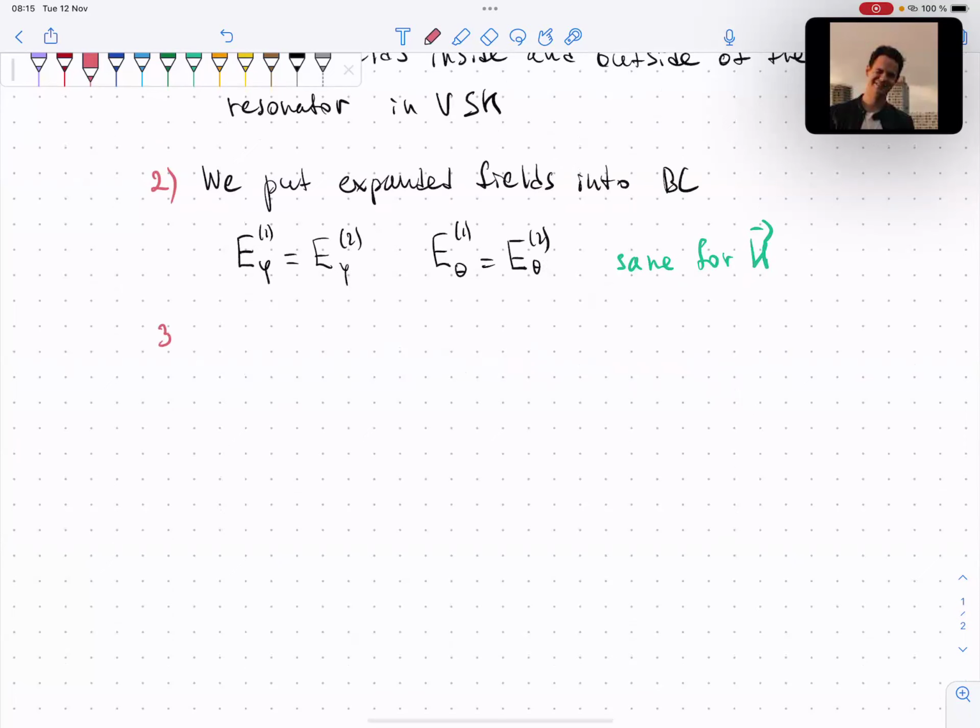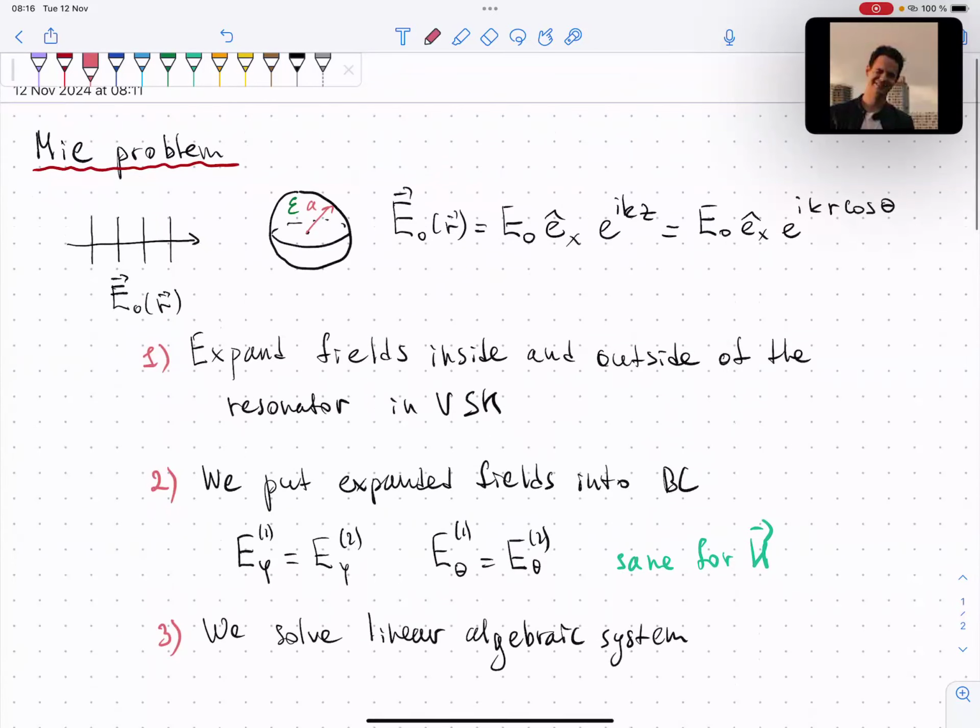And after this, we solve a linear algebraic system, because when we expand the incident field, the expansion will be known, but when we expand the scattered field and fields inside the resonator, we will have some unknown coefficients.